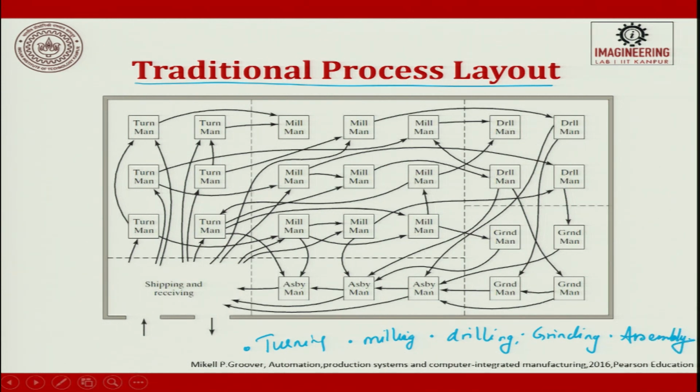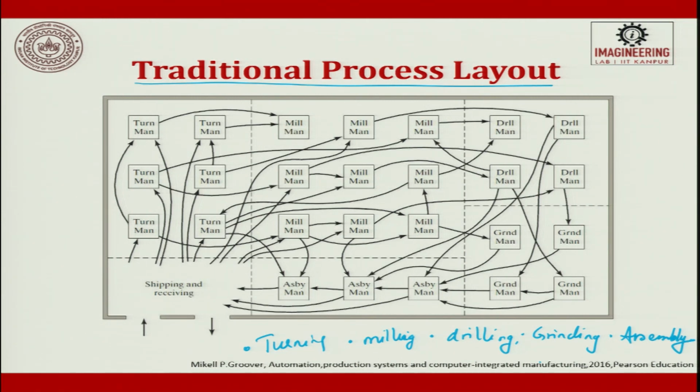Correct. Turning, milling, drilling, grinding and assembly, all are there, right. Now in this, the part flows from turning to milling, milling to drilling, drilling to grinding, and then it comes to assembly and then goes out.